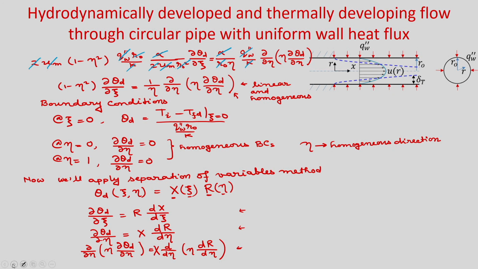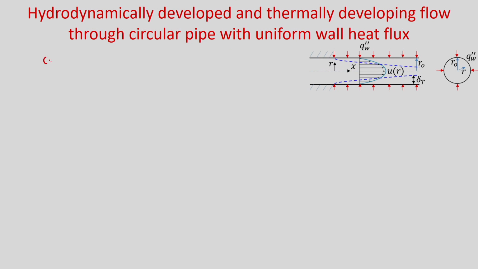Okay. So, what you will get? You will get 1 minus eta square into r into dx by d zeta is equal to x into d of d eta into dr by d eta, with 1 by eta. Okay.